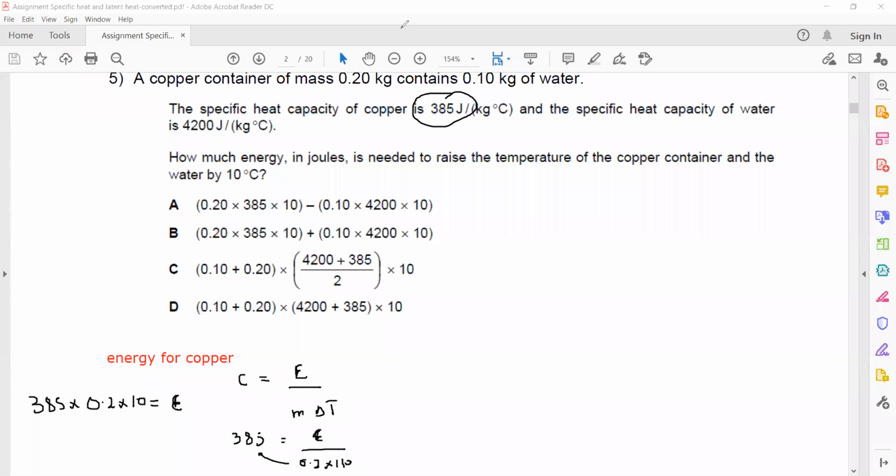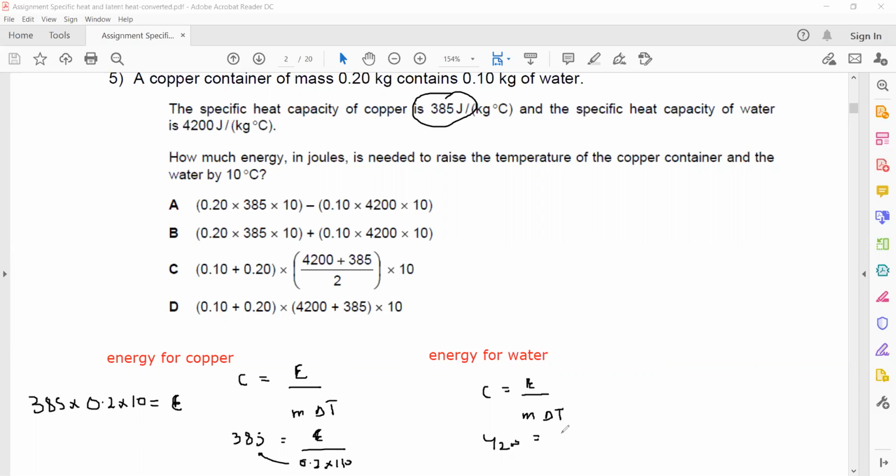That is the energy absorbed by the copper. And if I need the energy for water, the same formula: specific heat capacity is equal to energy required divided by mass into temperature change. The specific heat capacity of water is 4200. The reason I did not solve this to the final answer is that in the options there is no solution, just the values are written.